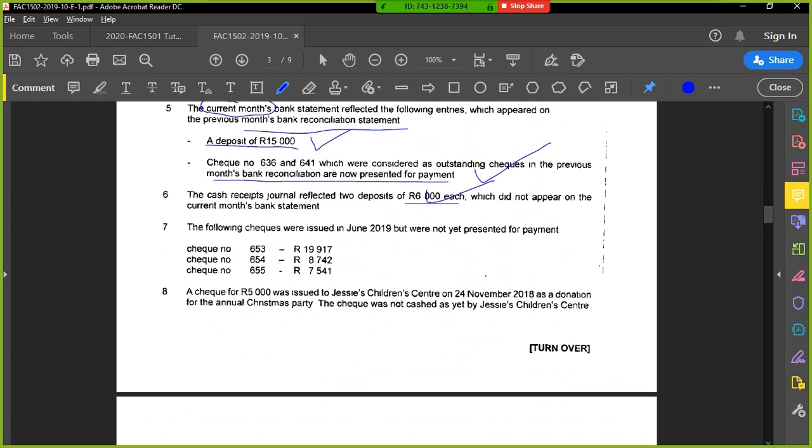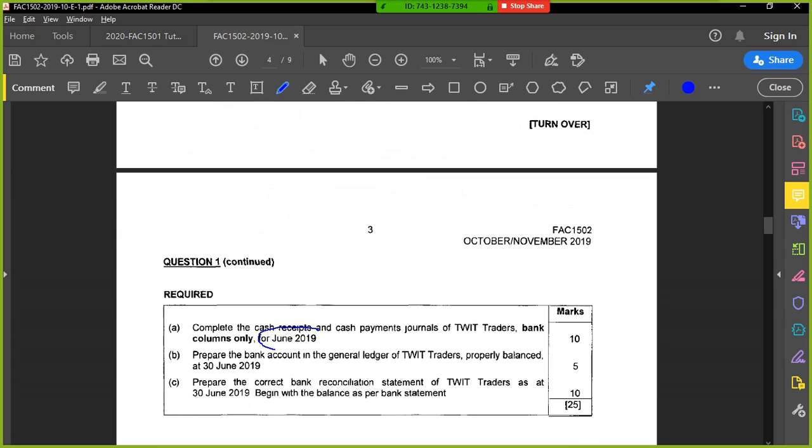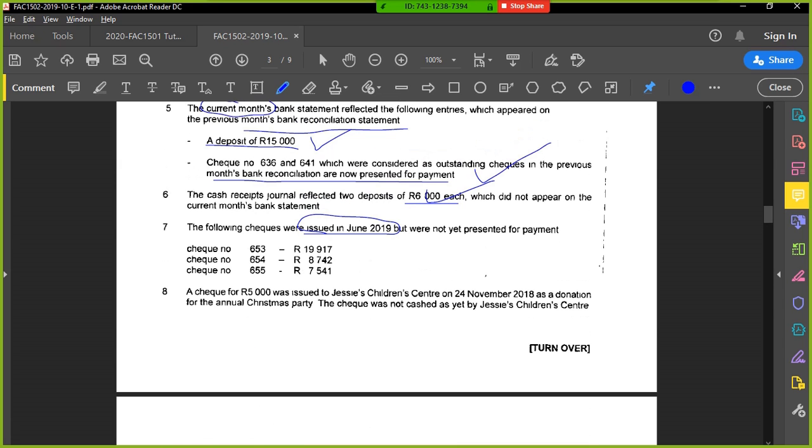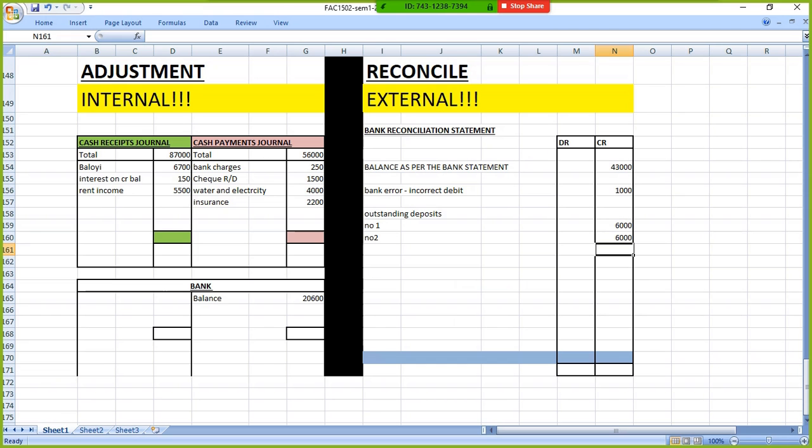The following checks were issued in June, but were not yet presented for payment. Issued in June means the current month. So what are those? Issued but not yet presented. Adjust to reconcile. Reconcile. Good.